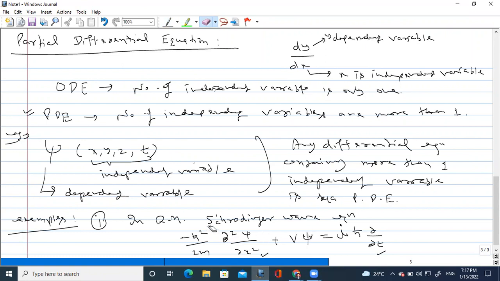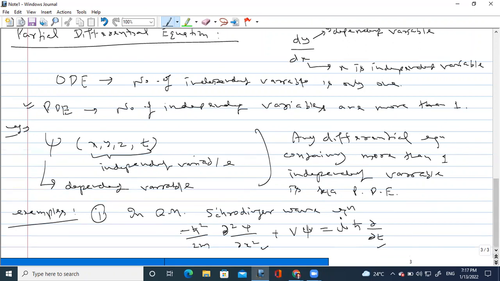So that equation comes under partial differential equation. Note on this. Psi is also here.